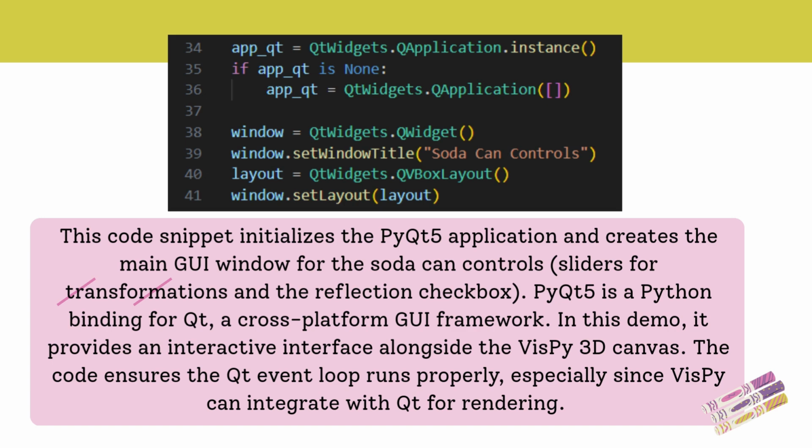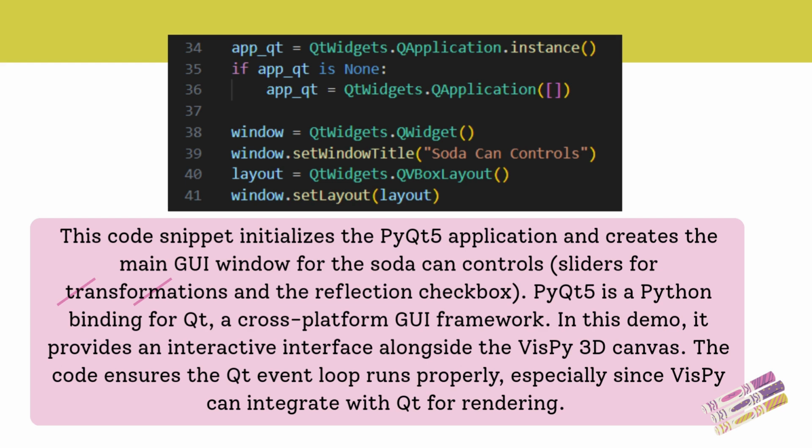Next, for PyQt5, this code shows how we initialize the PyQt5 application and create the main GUI window for the soda can controls. The controls are the sliders for transformation and the reflection checkbox.